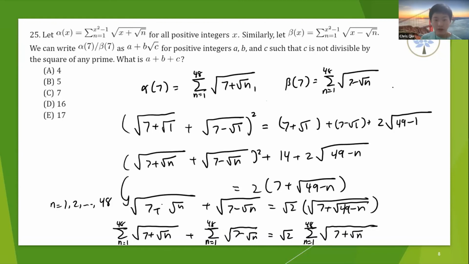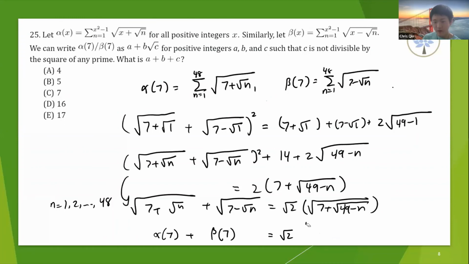And we can notice that this term we can rewrite as alpha of 7. And this term we can rewrite as beta of 7. And then this term we can rewrite also as alpha of 7.